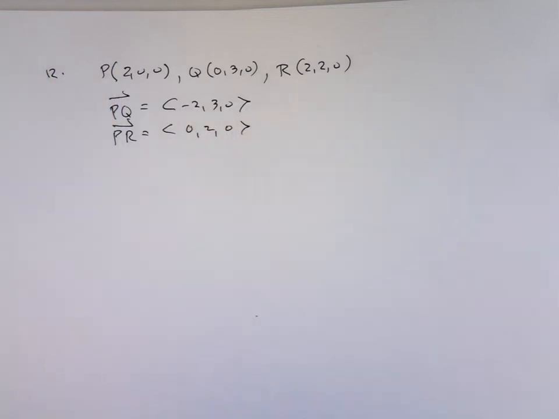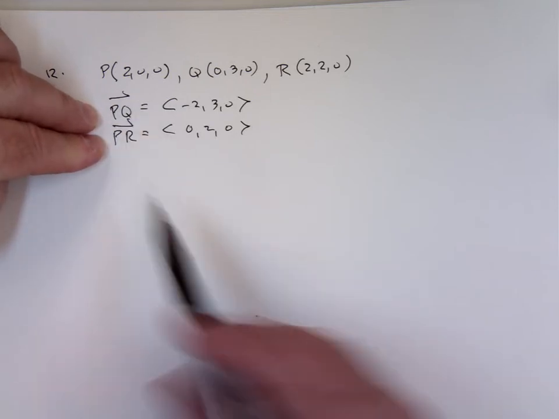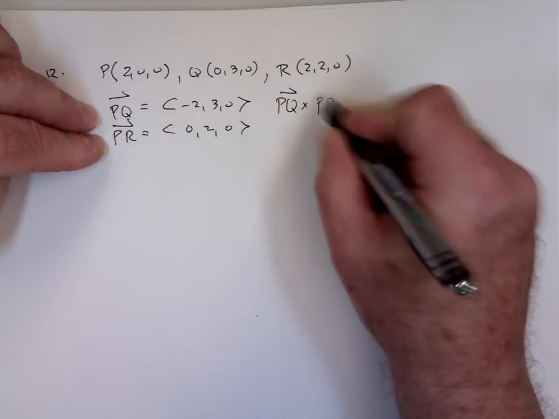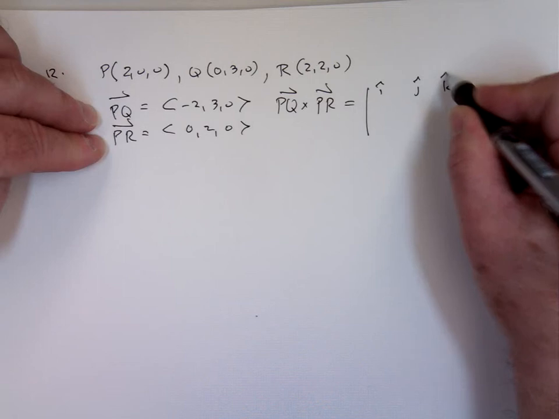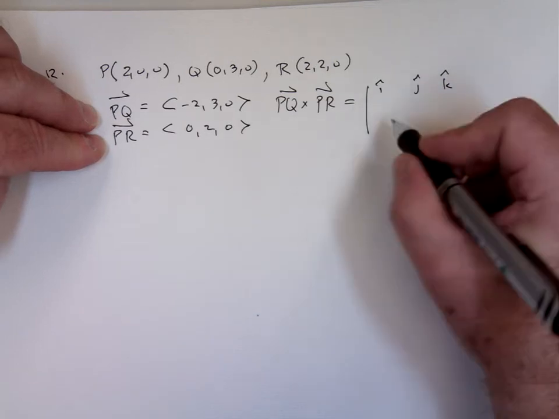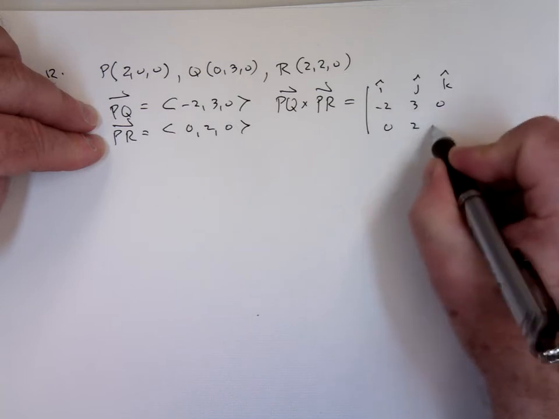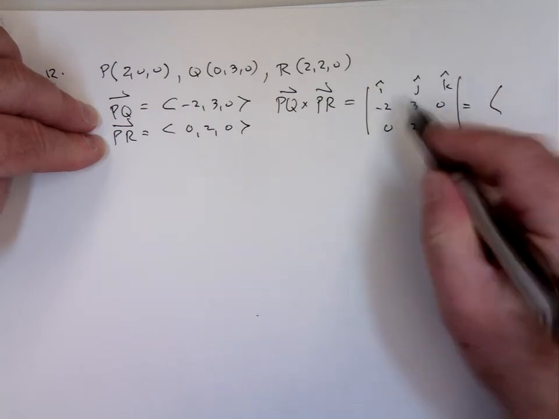To find the vector perpendicular to those two, normal to those two vectors, do the cross product. PQ, negative 2, 3, 0. PR, 0, 2, 0. Cross product is equal to, cross this out, 0 is minus 0.